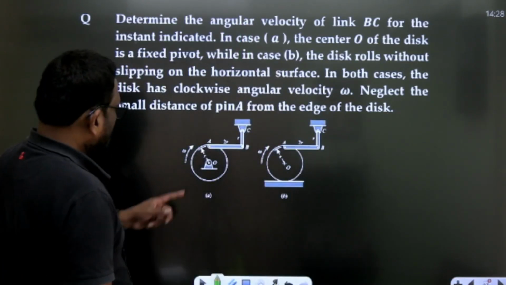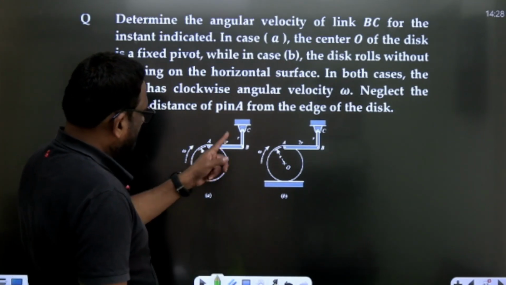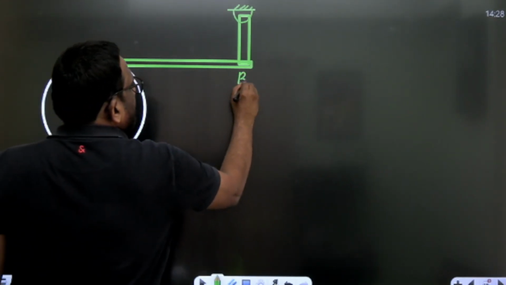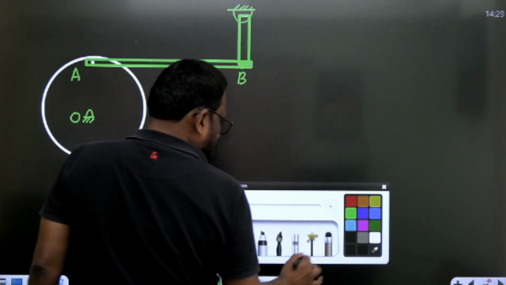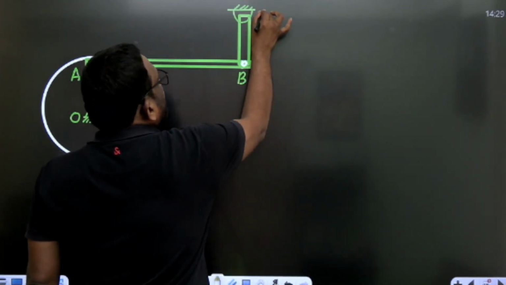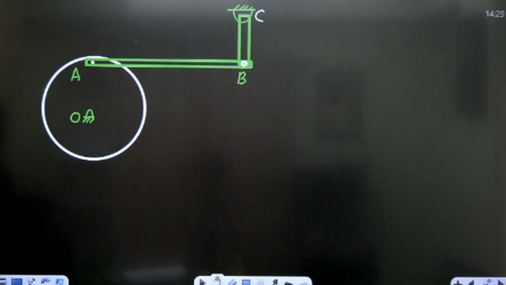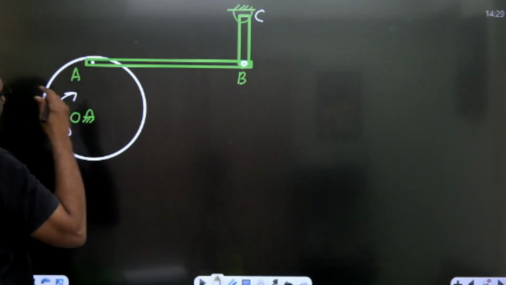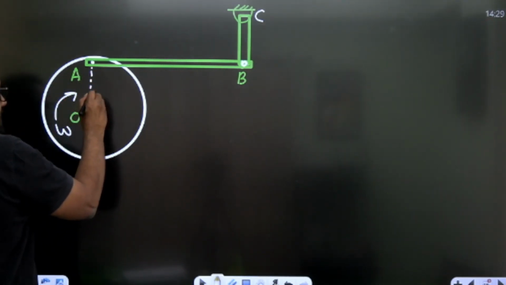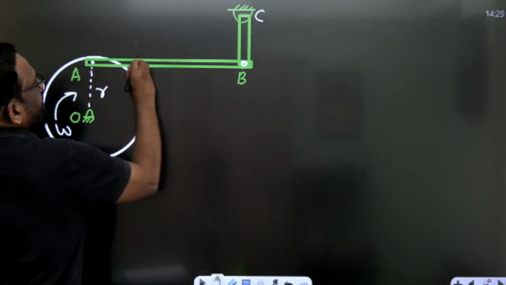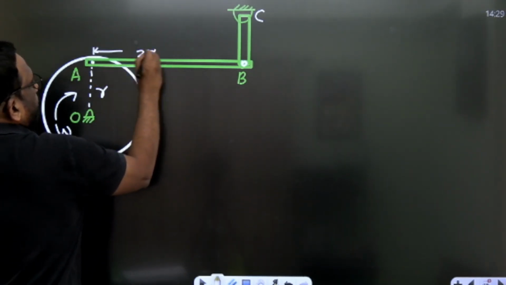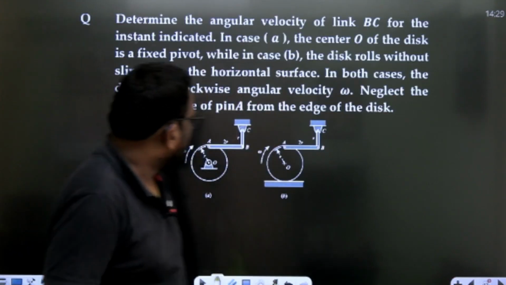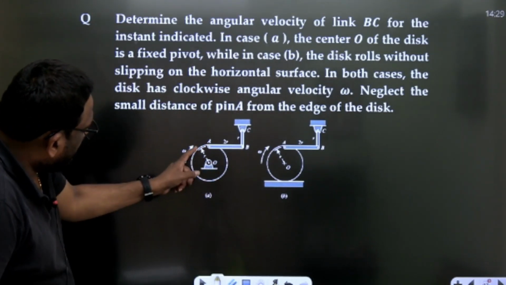O, R, this is written clockwise, 2R, R, B, C, A, B, C. A, here also there is a pin, sir, a pin. One second. Okay. Now, this is actually rotating at omega. This wheel. This length is given as R, and this length is given as 2R. This length is given as R. Let me check once. It is OR, 2R, R.